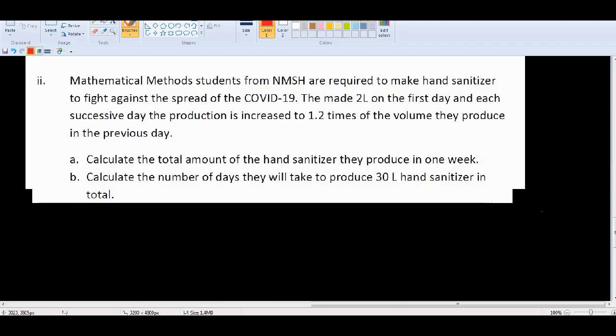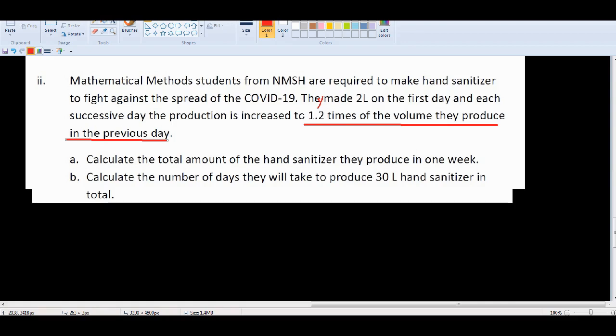I think that's a typo. They make 2 liters on the first day, and each successive day the production is increased to 1.2 times the volume they produced in the previous day. So that means every day they will increase their production by 1.2 times the previous day's production, right? Calculate the total amount of hand sanitizer they produce in 1 week.